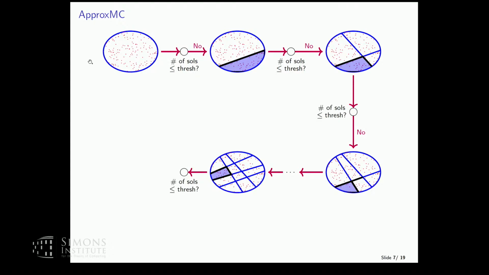At that point, our estimate is the number of solutions in this cell times the total number of cells. So that's the high-level approach. There's a lot of work on how you want to do the search and so on, but this is the approach. We use XORs to repeatedly partition further until we reach a point where the number of solutions is less than the threshold. Then we can enumerate all of them and estimate.